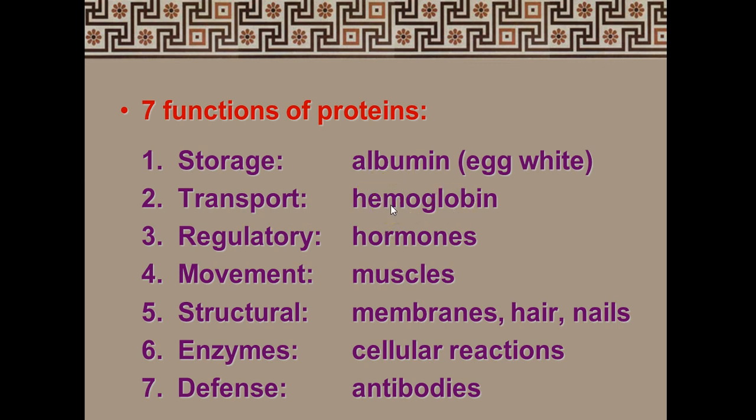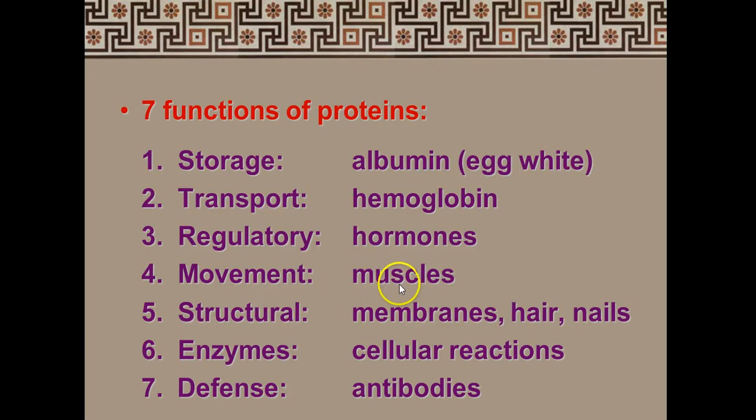You might not be familiar with hemoglobin, but hemoglobin is something that actually allows for transport of oxygen from your lungs to the rest of your body. We also have some regulatory with the hormones. Movement. I'm sure you've heard that proteins make up muscles, or you've heard them used together maybe when you're eating some meat. You need to get your protein in.